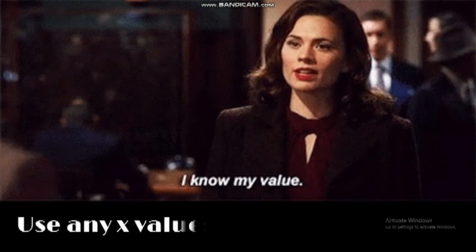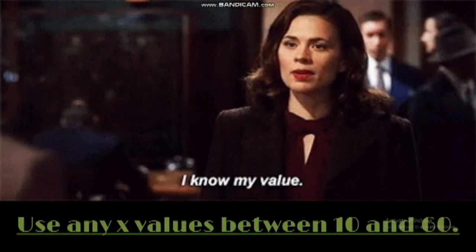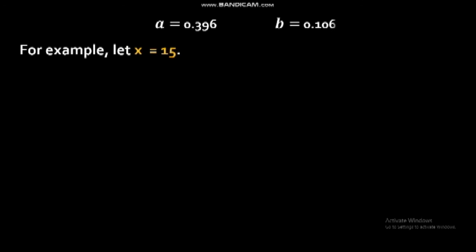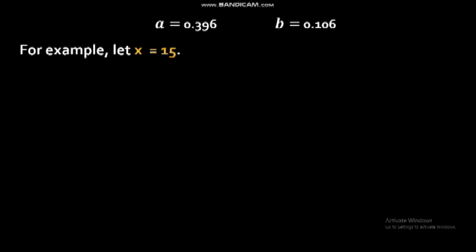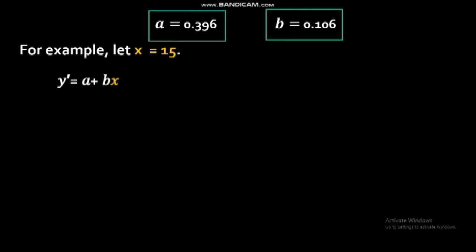Use any x values between 10 and 60. For example, let x is equal to 15. We need the value of a and b to find the corresponding y prime value. Next is substituting a and b values in the equation y prime is equal to a plus bx.